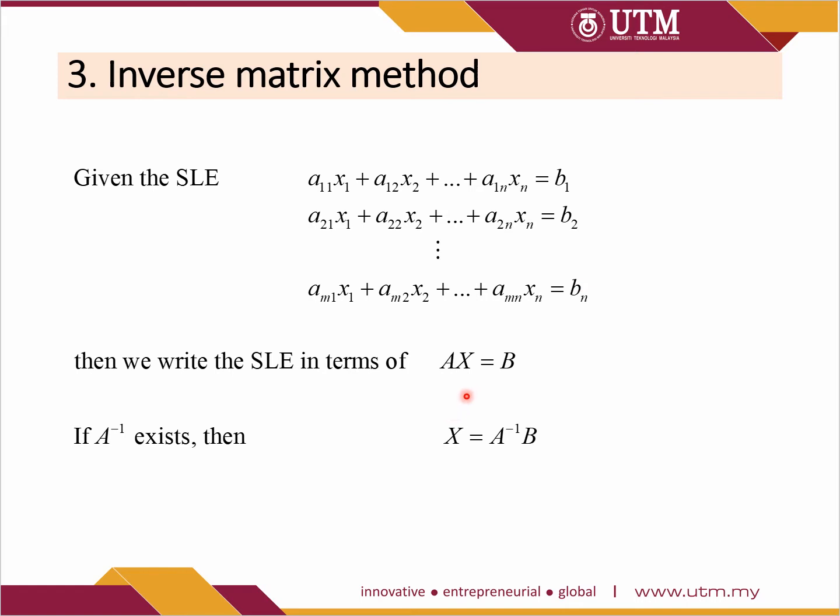So using the inverse matrix method, if the inverse matrix A exists, then we can find the variables x1 up until xn, which is equal to the inverse matrix of A times matrix B.